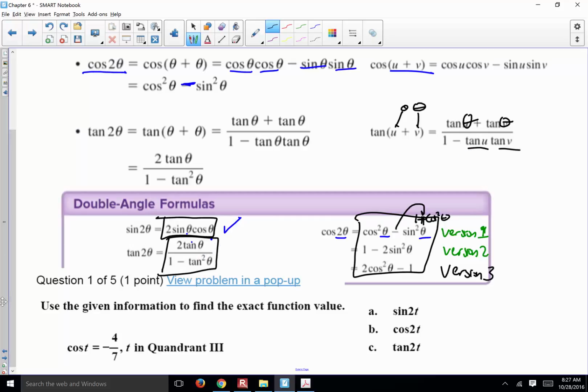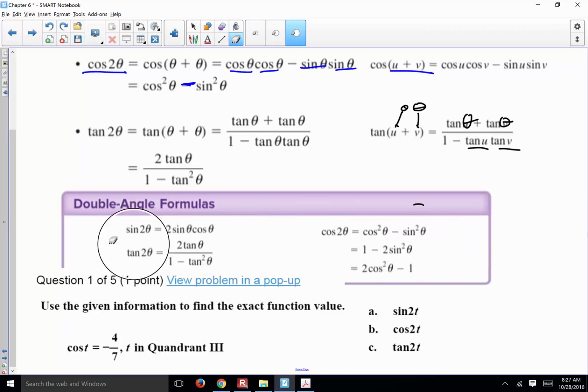So we add 5 more formulas, identities, to the list: 3 on this side, 2 more here. These are called double angle formulas because they relate a double of an angle to singles.